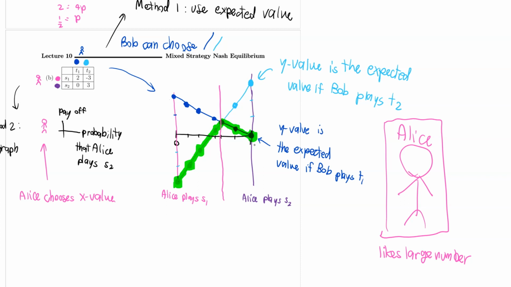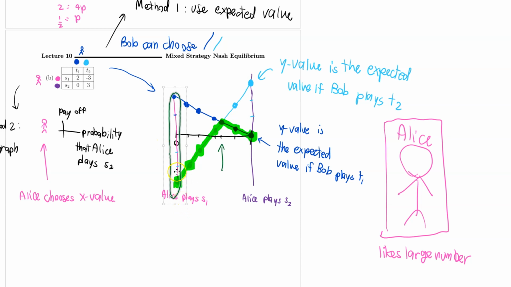Yeah, if Alice chooses this X value, I kind of ran out of color. I want to use pink, but I already used pink somewhere else. Let me actually use green momentarily. So Alice can see that because she can choose the X value to be anything, why should I choose the X value to be 0 when the payoff is going to be so low?